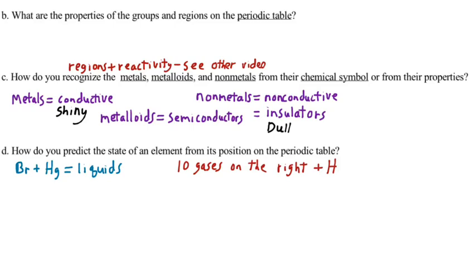And then the nitrogen and oxygen you're familiar with. They're the main components of air. And hydrogen. Those are the gases. So if you remember that pattern, the gases on the right that you're familiar with, and the noble gases, and not bromine or below, and hydrogen. And then the rest on the periodic table are solids.